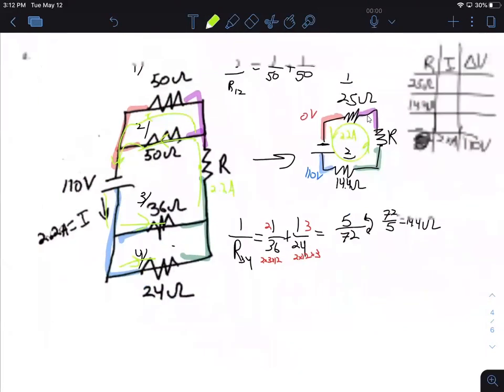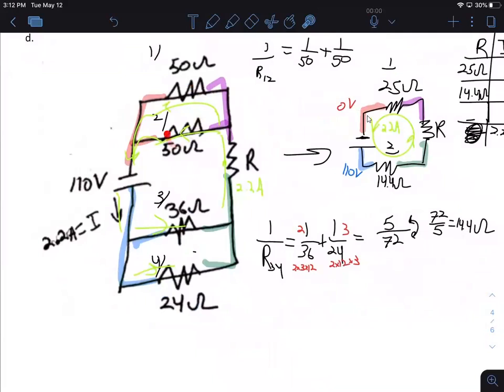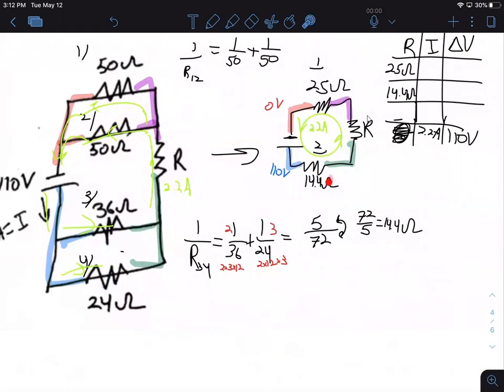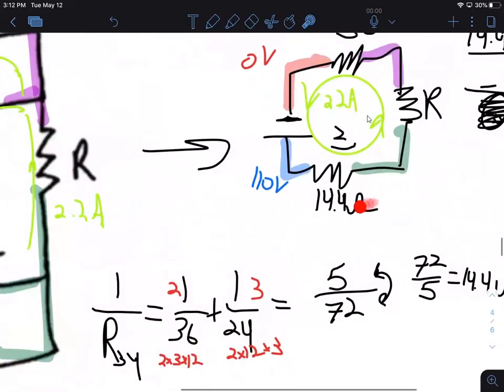So by combining these resistors, we stopped ourselves from having to figure out exactly what these currents are, how they're splitting, and all that. Because now we can just say, oh, together they have a current of 2.2 going through them. Overall, these two add up their currents. It's like a 2.2 amp current going through a 14.4 ohm resistor.